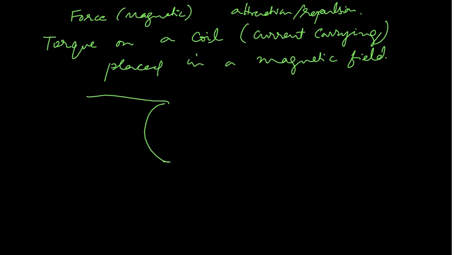You have probably studied this in 10th standard. And this is a north pole, and you have a south pole like that. Alright, and then you make sure that there is a coil.